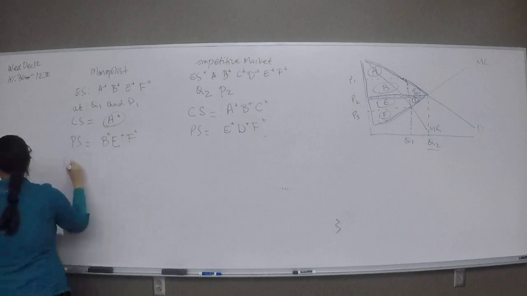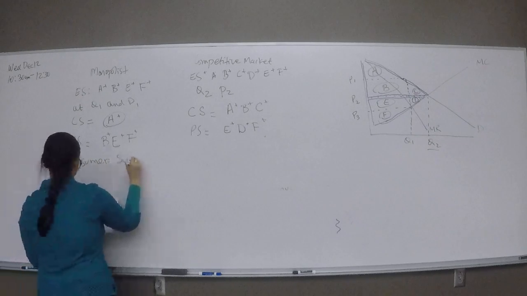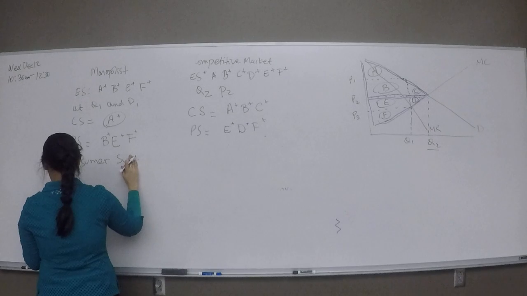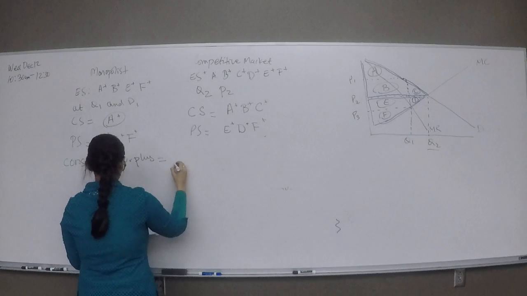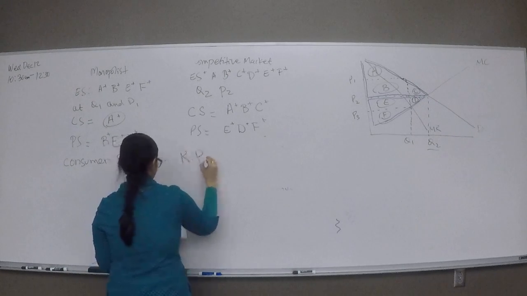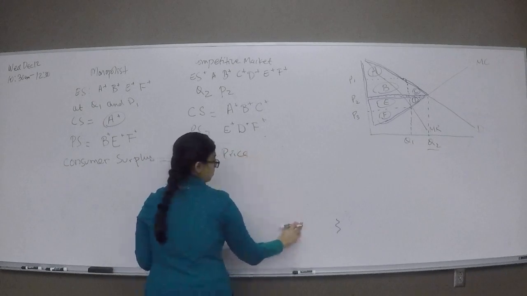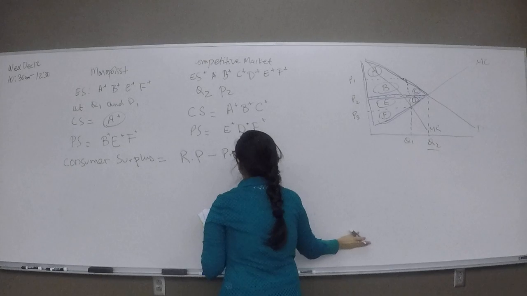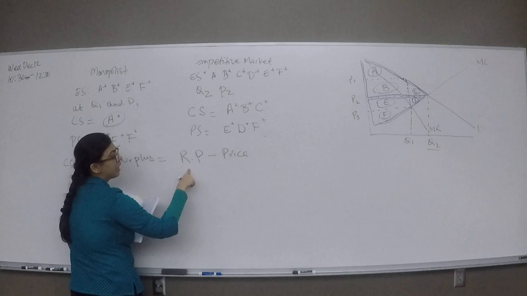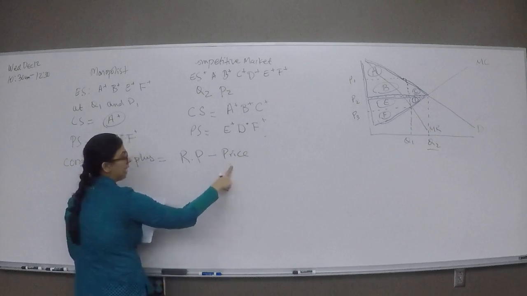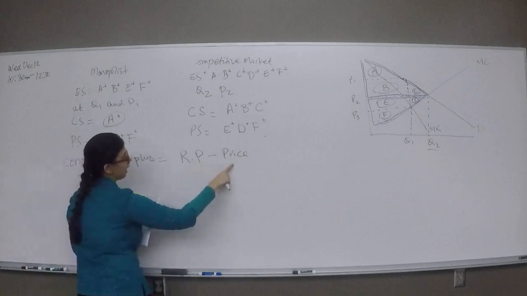So a review is that consumer surplus is price willing to pay minus price actually paid. Reservation price minus price actually paid.